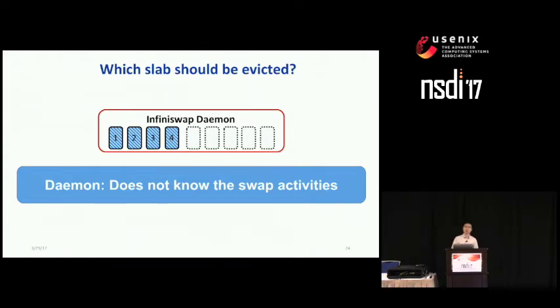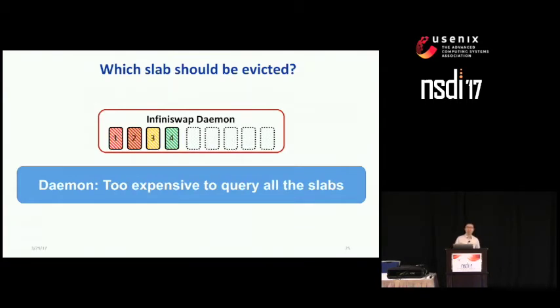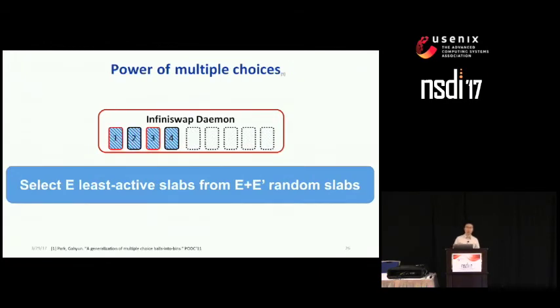But the problem is we are using one-sided RDMA operations, so the daemon does not know the swap activities of those mapped slabs. And also, it would be too expensive for the daemon to query the swap activities of all those mapped slabs. To solve this problem, we use the power of multiple choices algorithm. If we want to evict E slabs, then we randomly pick E plus E prime slabs.